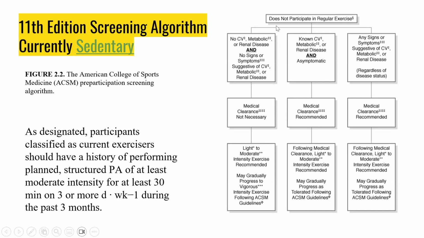For my client that's sedentary, does not participate in regular exercise, and there are signs and symptoms suggestive of cardiovascular disease, then regardless of the disease status, medical clearance is highly recommended. And following the medical clearance, light to moderate intensity exercise is recommended, and then progressing from there.